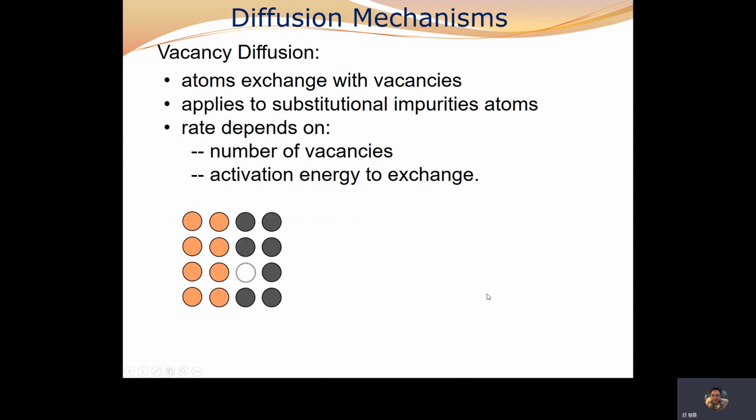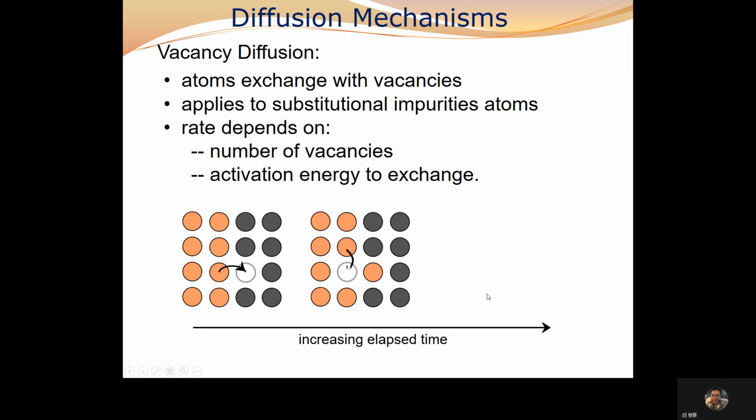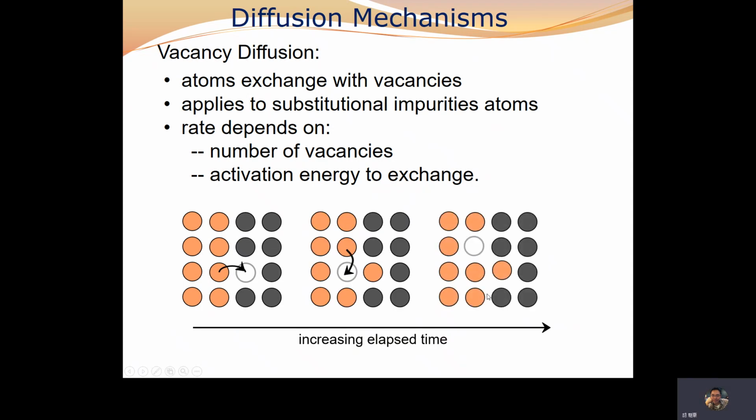Also, vacancy diffusion is accompanied, and vacancy diffusion is atoms exchanging with vacancies. You can call it an atom and vacancy pair moving. Vacancy diffusion applies to substitutional impurity atoms, and the diffusion rate depends on the number of vacancies and the activation energy to exchange.